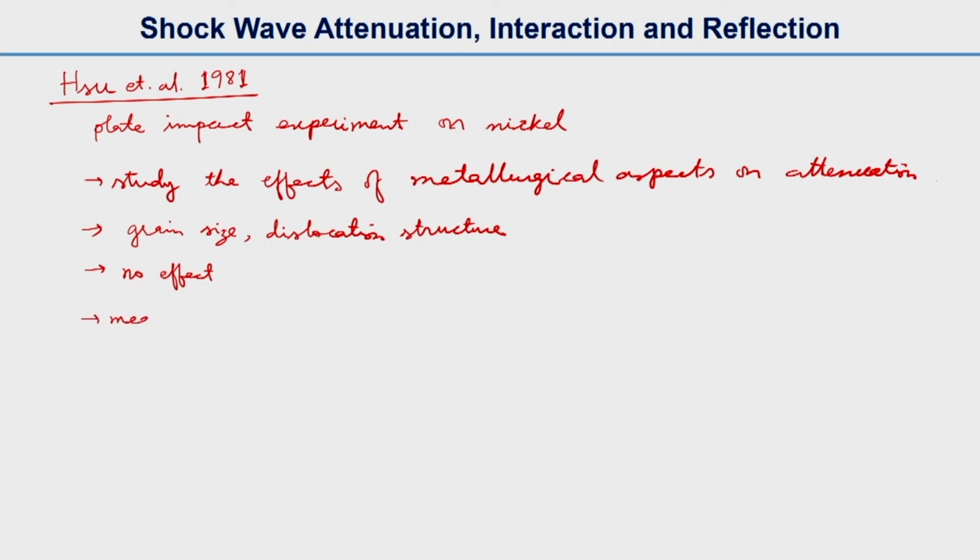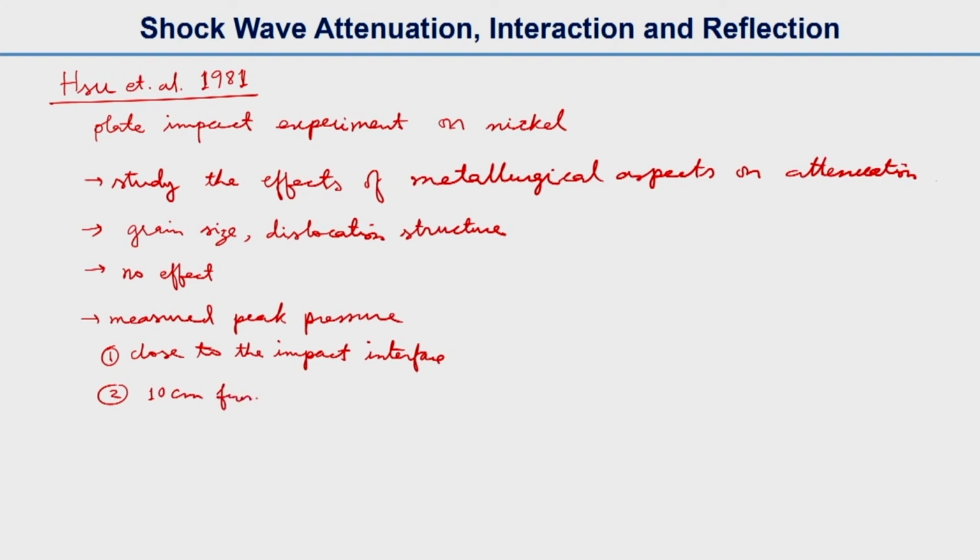They measured peak pressure at two places: number one is close to the impact interface in the target, and they measured at a distance of 10 centimeter from the impact interface, that means into the target.